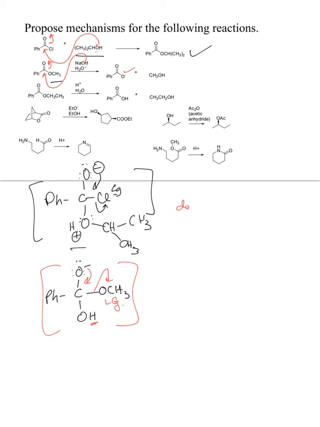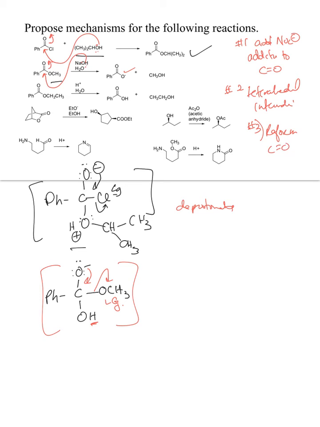So do this and then deprotonate. So first thing, nucleophile addition to the carbonyl. Number 2, form your tetrahedral intermediate. Number 3, reform your carbonyl with the leaving group leaving. And then number 4, deprotonation step.